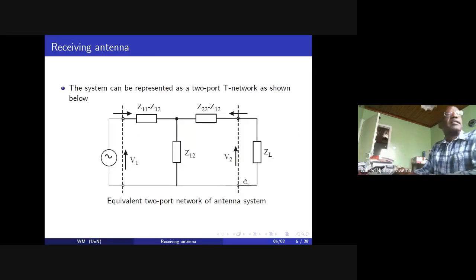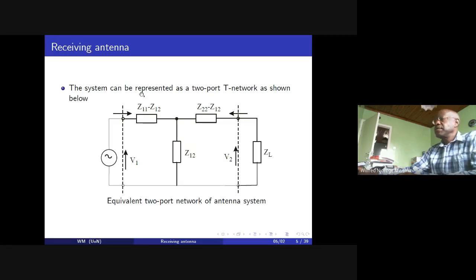So the system can therefore be represented as a two-port T network as shown below, where we have the series arm impedances. I think you used ZA, ZB, and ZC when dealing with filters.